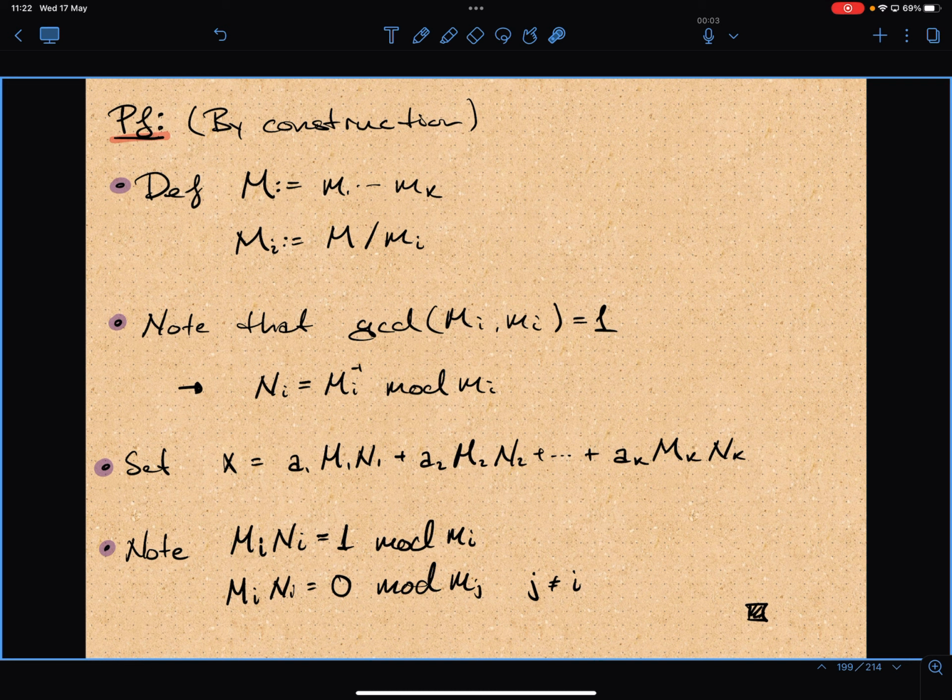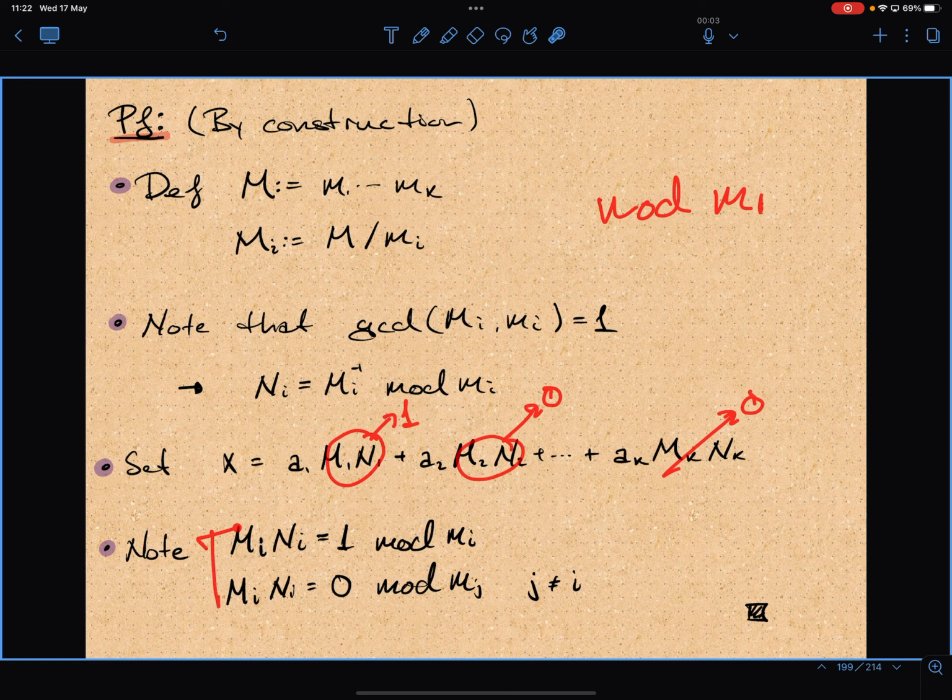If I do mod mi of this quantity, then for instance, if I do mod m1, I'm going to get that this term mod m1 is going to be equal to 1, and the other elements mod m1 are going to be equal to 0, by the construction of the capital Mi and capital Ni.